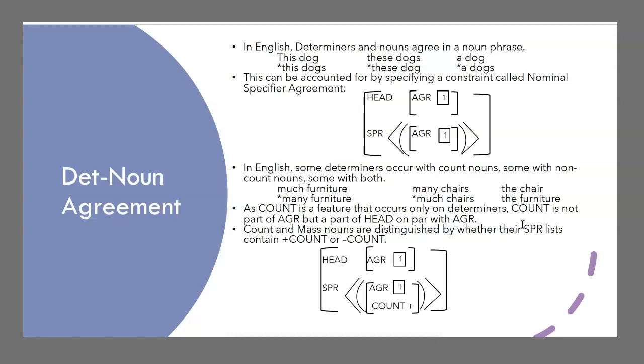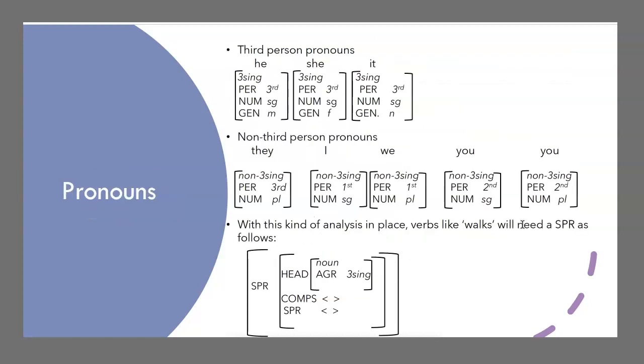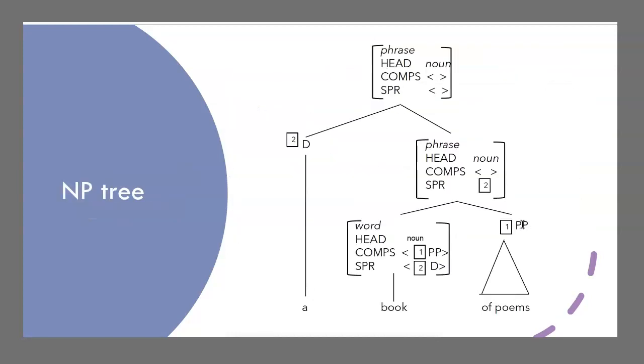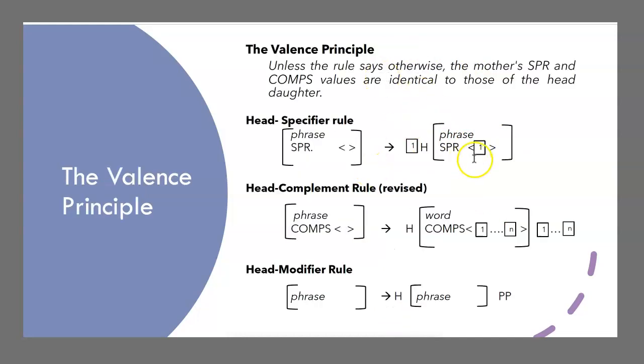Like your X bar theory, you have these 3 rules. You have X, X bar, XP. This is from X bar to XP, X to X bar, and this is your adjunct rule. In Chomsky adjunction, the same node appears.